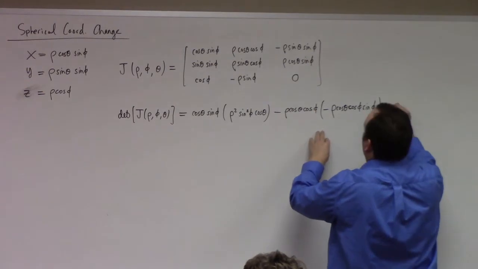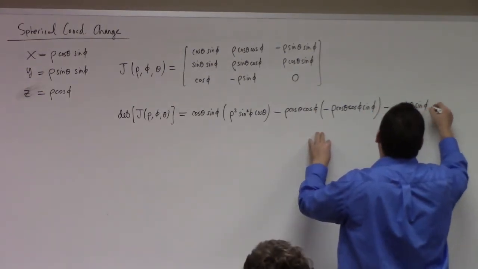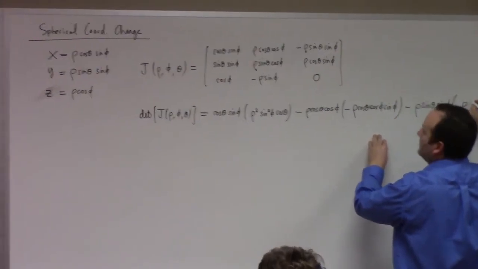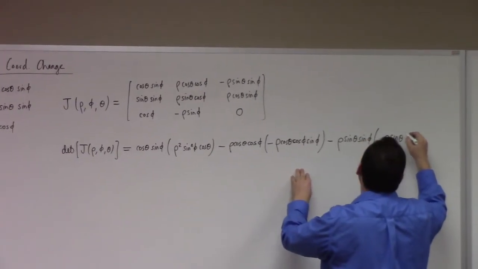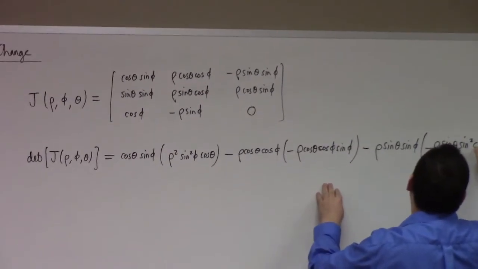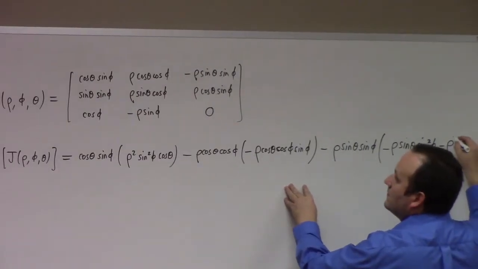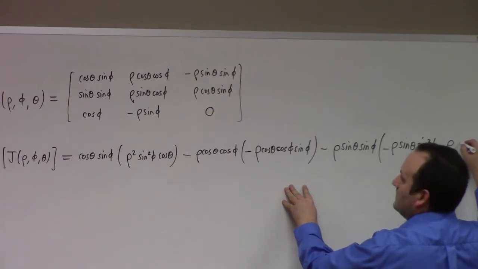And then finally minus rho sine theta sine phi times minus rho sine theta sine squared phi minus rho sine theta cosine phi squared.